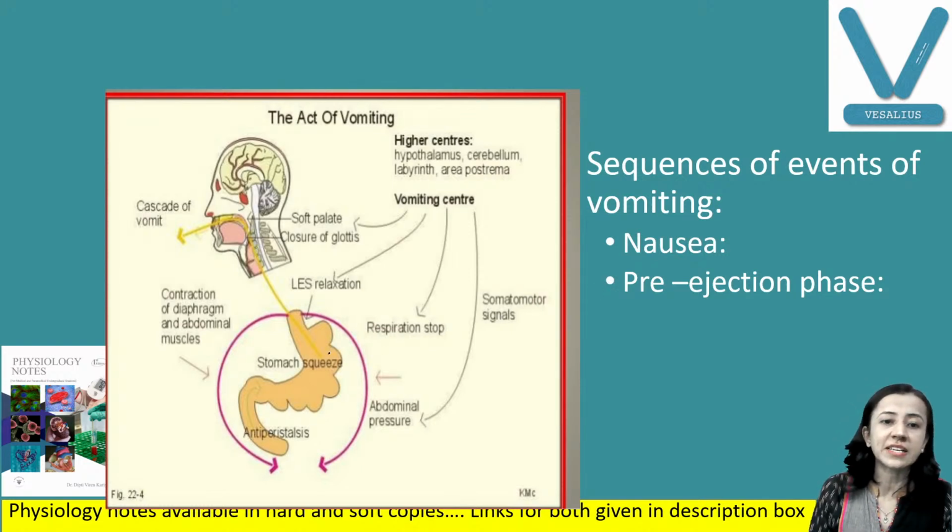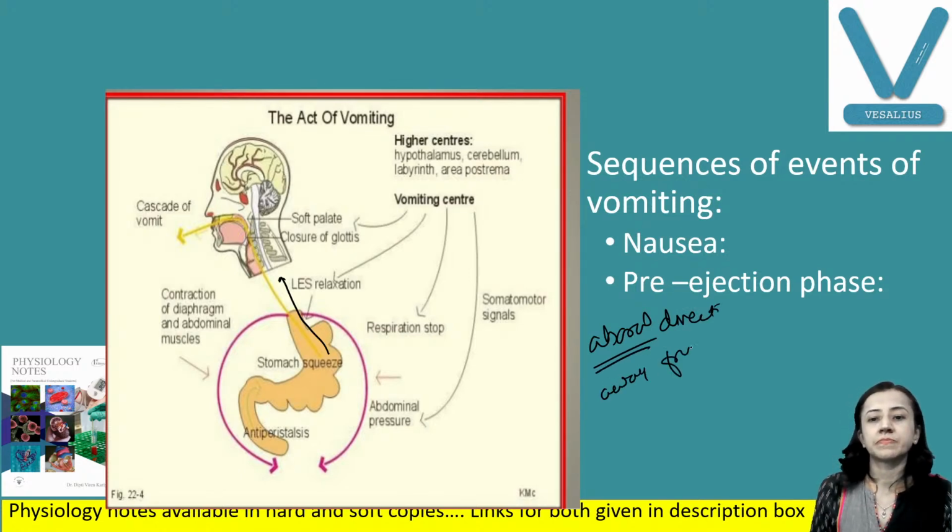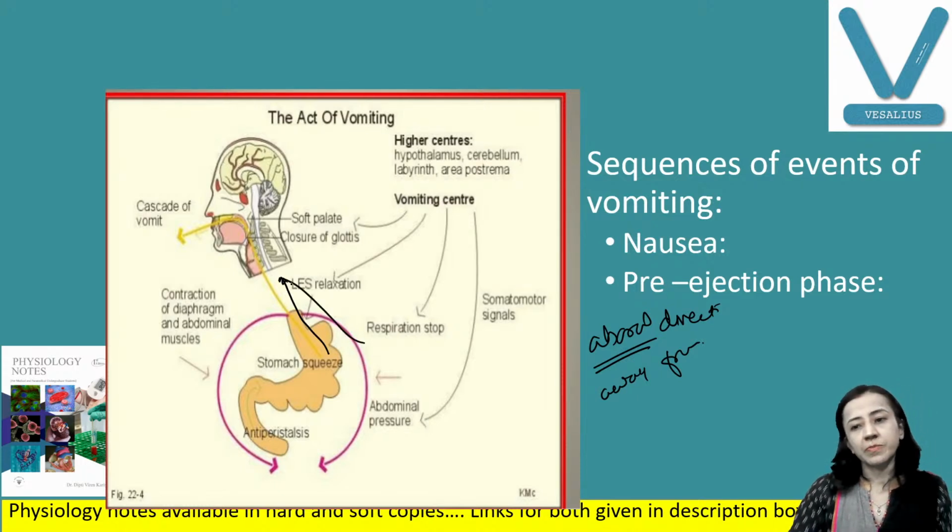Retroperistalsis means peristaltic waves in the opposite direction. Normally peristaltic waves are in the aboral direction, away from the oral cavity, but here they are reverse peristaltic waves toward the oral cavity.